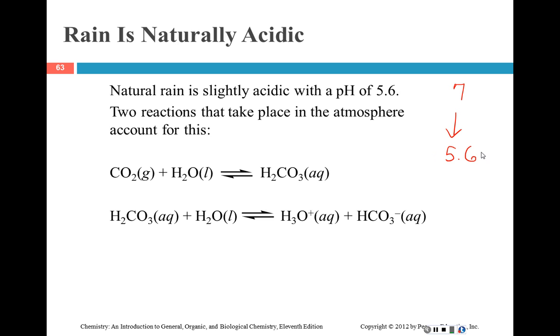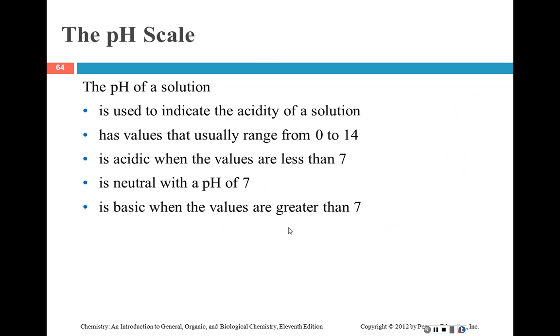It's not anything that's going to damage us too much naturally, because you're going to have carbon dioxide in the air combining with water when it rains, and it's going to be that weak carbonic acid. And remember that the carbonic acid, when it combines with water, forms the hydronium ion and the bicarbonate ion. So that's what's going on when it naturally rains, because carbon dioxide is found in the atmosphere.